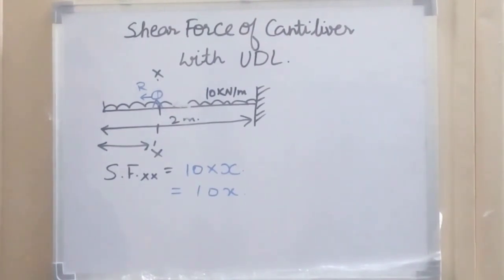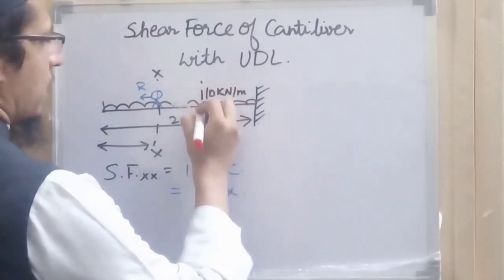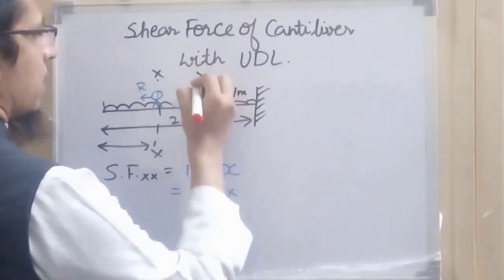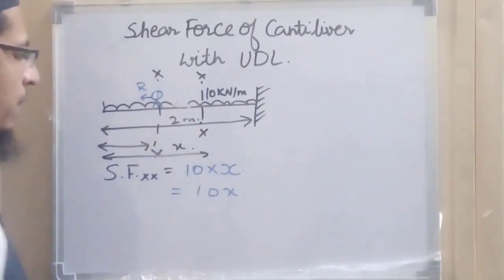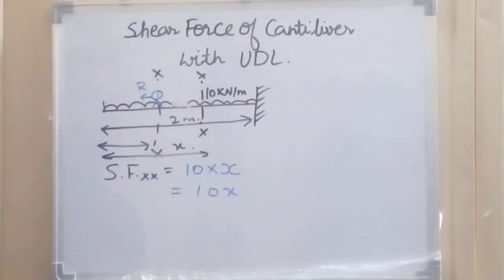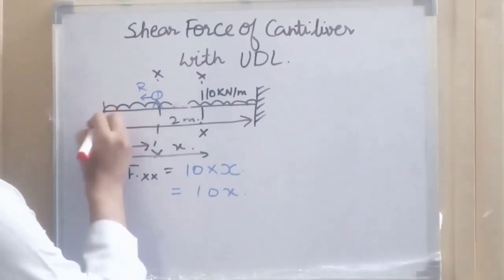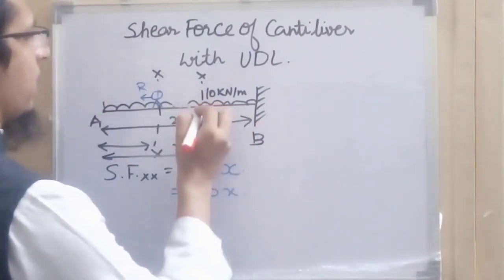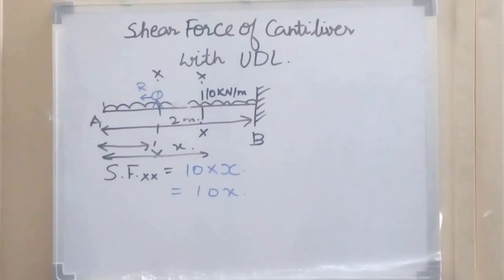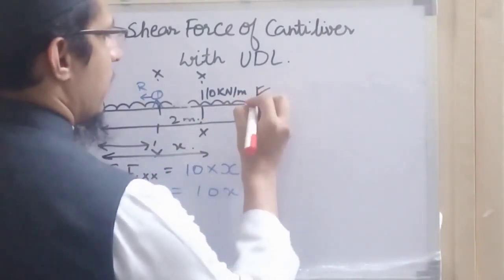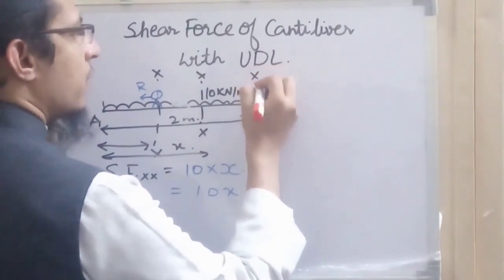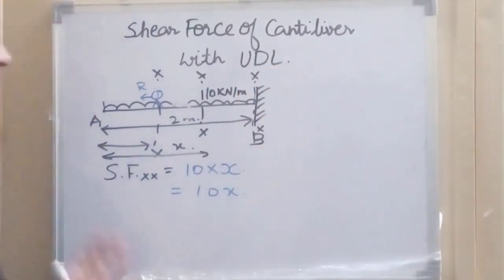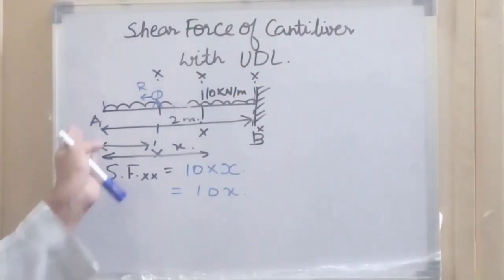Now again, if we take any section here, then again the distance will be x, so the shear force at this section will remain 10 into x. Similarly, up till point B, wherever we take the section and see towards our right, the load will be 10 into x.